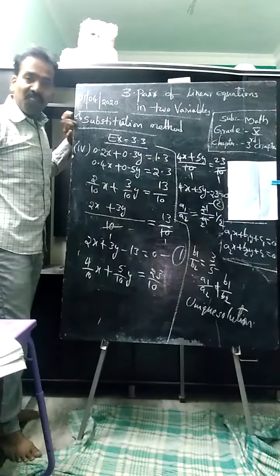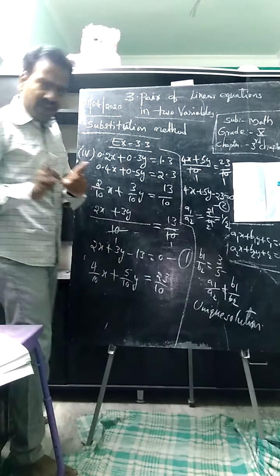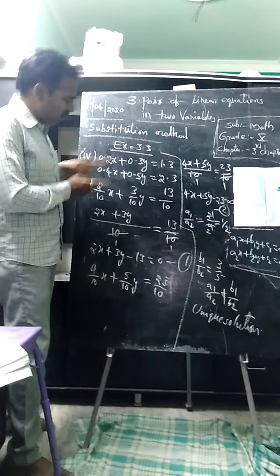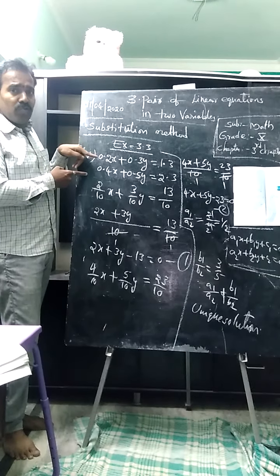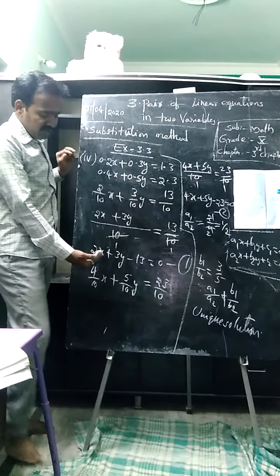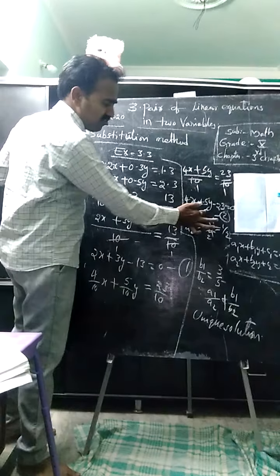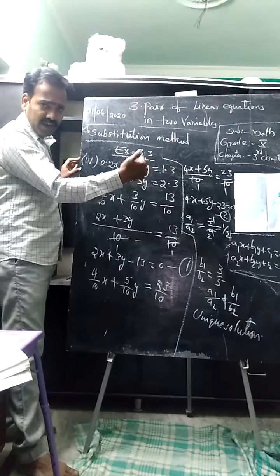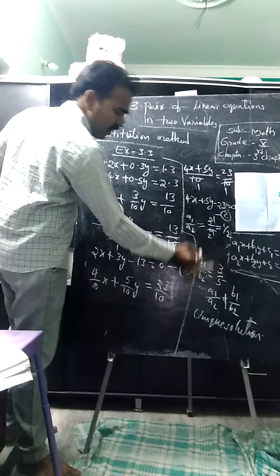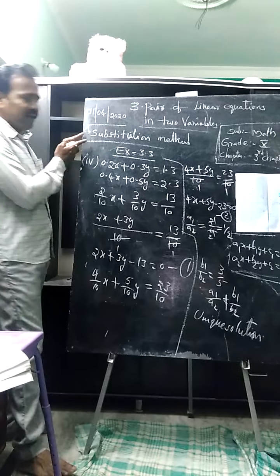the substitution method, one of the algebraic methods. Again I am saying, students, check first: write the standard form of the given linear equations in two variables which are in decimal form. After we got equation 1 and equation 2, find the a1 by a2 value and b1 by b2. If both are not equal, unique solution, so we can apply this method.